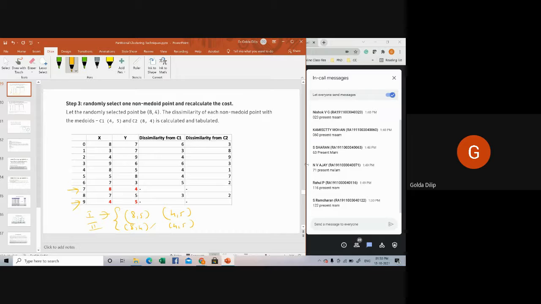Ram Charan, noted in the chat window. Achinta Murari, present, ma'am. Finished, Achinta? Ma'am, doing, ma'am. Doing. Okay, Santosh Kumar, noted. Pavitra Shri, present, ma'am.